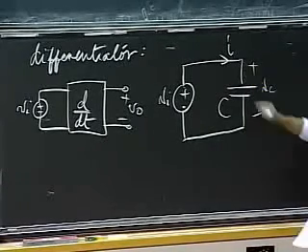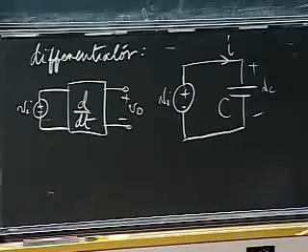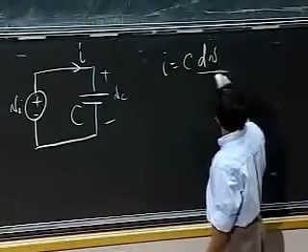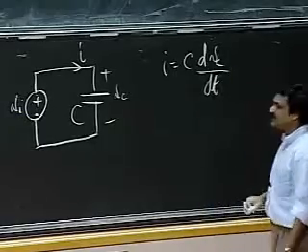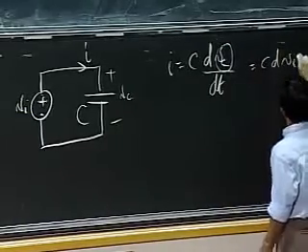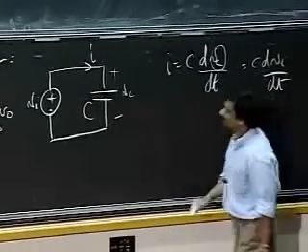What does I relate to? I is simply C dVC dt, and VC in this case is simply VI, so I is C dVi dt.